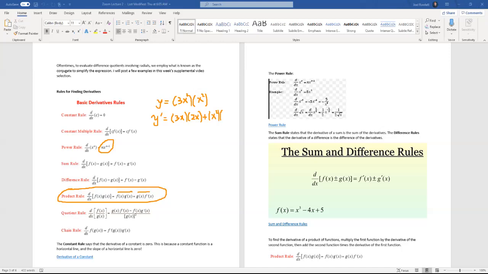So I would bring the 1 down and multiply that by 3. So that would give me 3x to the power of 0. And everything to the power of 0 is just 1. So we have a 3 here. Now 3 times 2 is 6, and x times x is x squared. So that gives us 6x squared here.